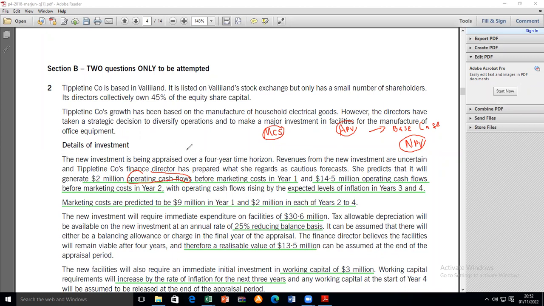Operating cash flows, and know what operating cash flows are. These are cash flows before interest and tax, but non-cash flows such as depreciation have been dealt with already, and the adjustment has been passed.